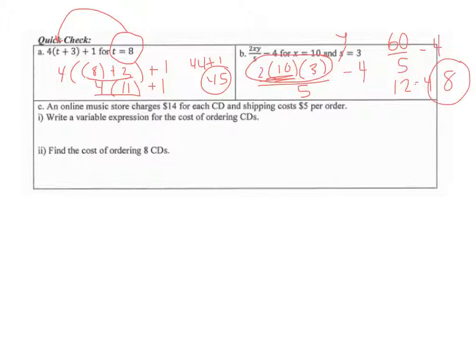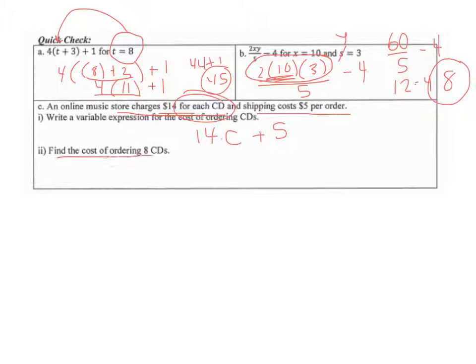And the last one, an online music store charges $14 per CD and shipping costs $5 per order. So you don't pay $5 every time you buy a CD. You pay $5 no matter what. So for each or per means you're going to multiply 14 times C, the number of CDs, plus $5 per order.